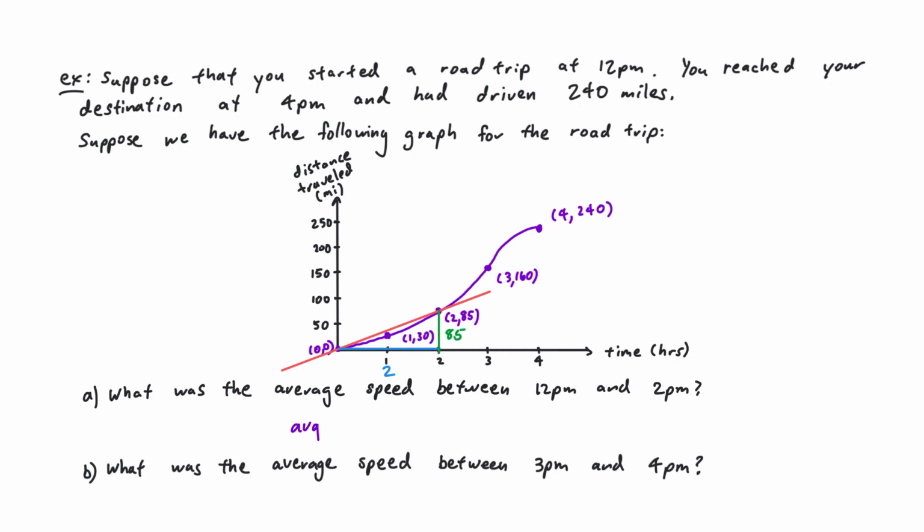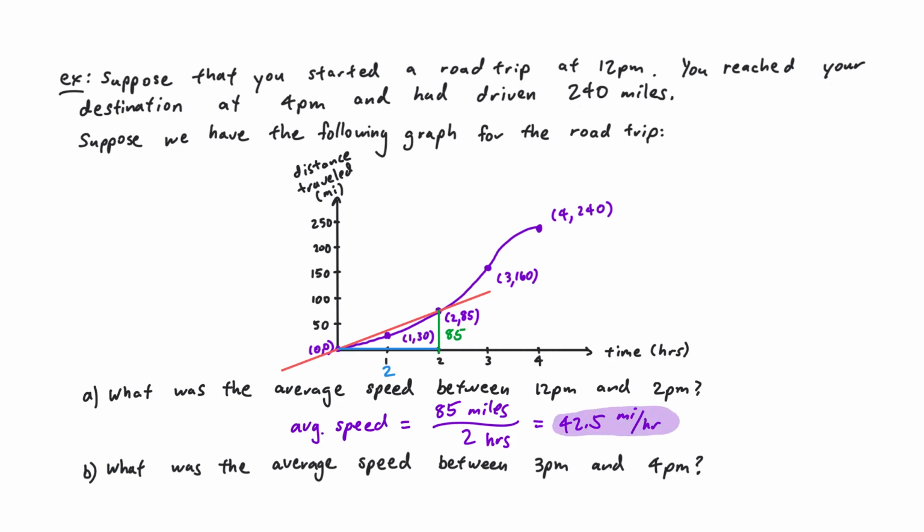So our average speed is going to be 85, and since our y-axis is measured in terms of miles, this is 85 miles, divided by 2 hours, since our x-axis is measured in terms of hours. And 85 divided by 2 gives us 42.5 miles per hour. So this is my average speed between 12 p.m. and 2 p.m.